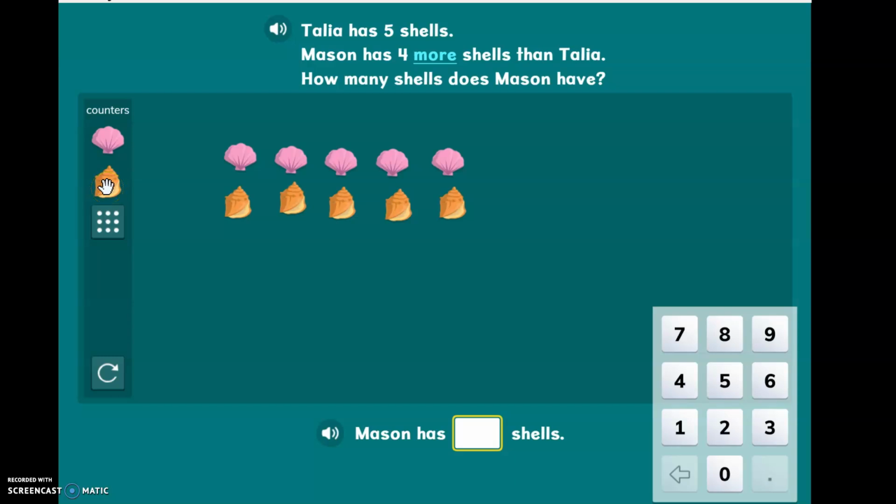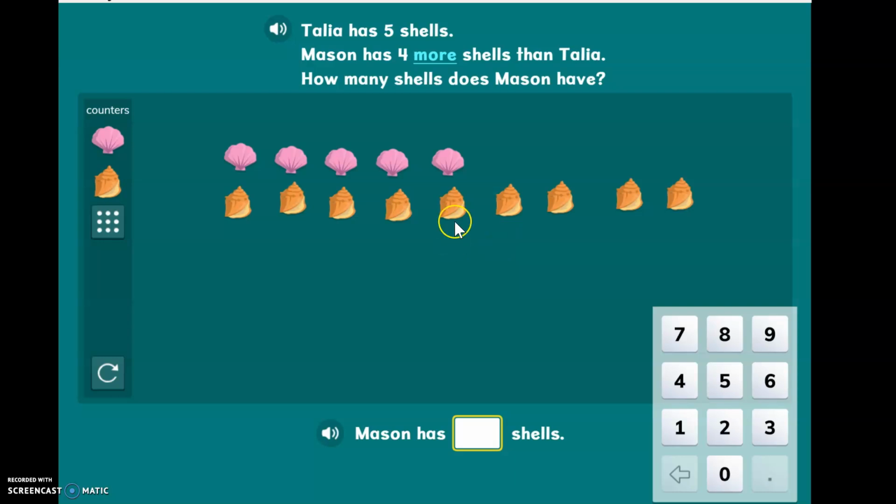Now, Mason has 4 more. So because I lined them up, I can see that there's 5 of each shell. So now I need to do 4 more than Talia. So there's 1, 2, 3, 4. Okay, so you can tell very easily Mason has more shells.